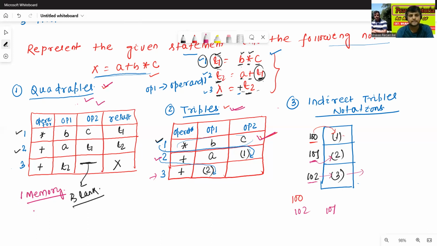So triples notation takes less memory as compared to quadruple notation.